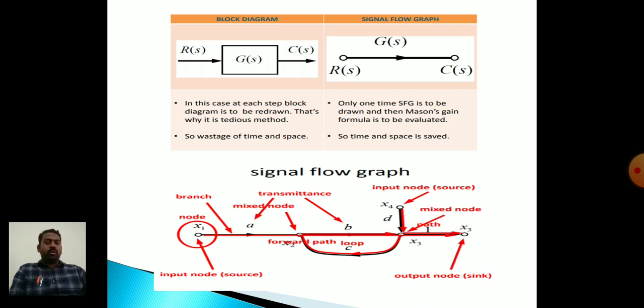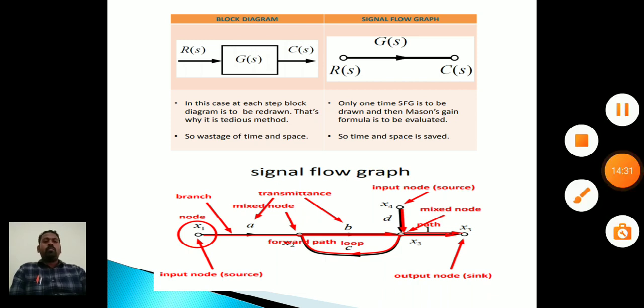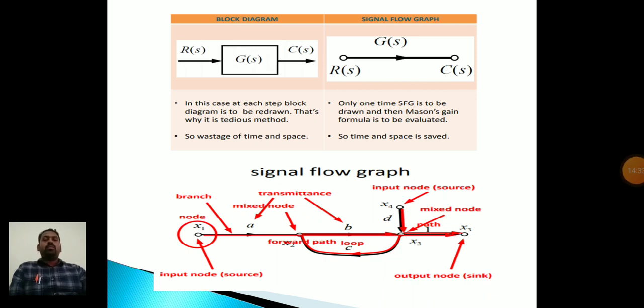So like that, some basic rules are there to reduce the block diagram into simple or canonical form.